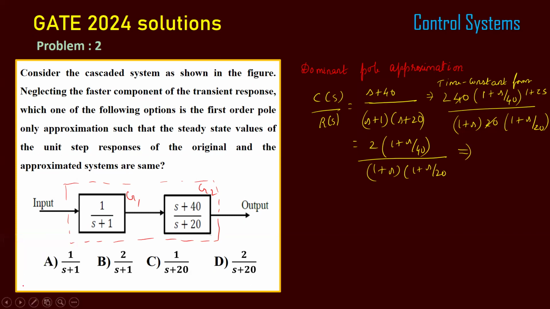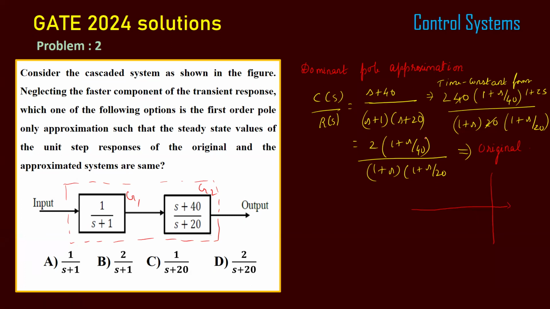So this is the original T of S. Now we will approximate the poles. So I am going to draw the poles. Dominant pole means the pole which is nearer to the imaginary axis. Now what are the poles?